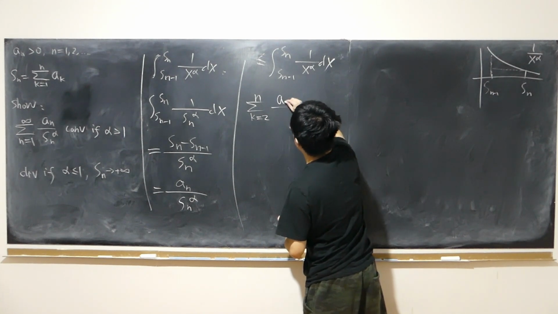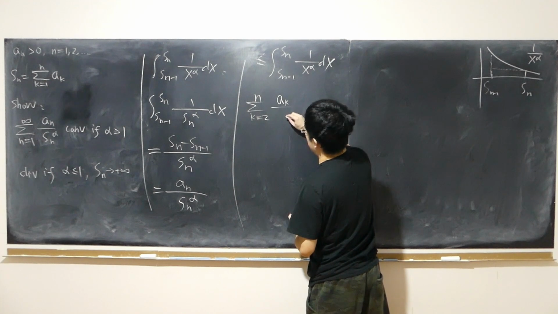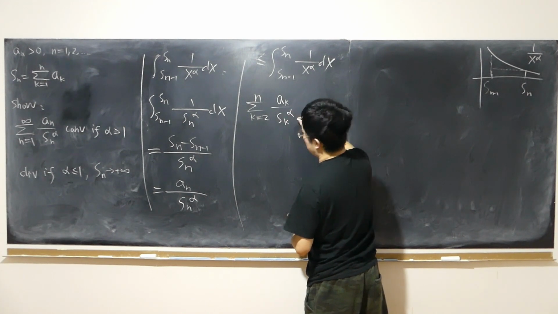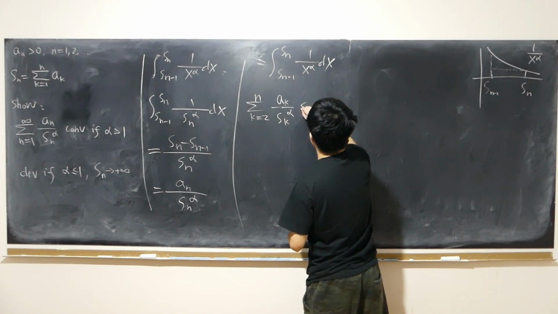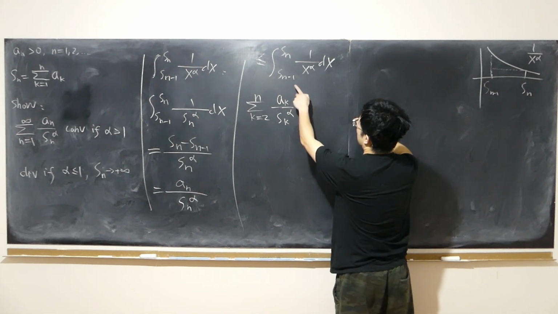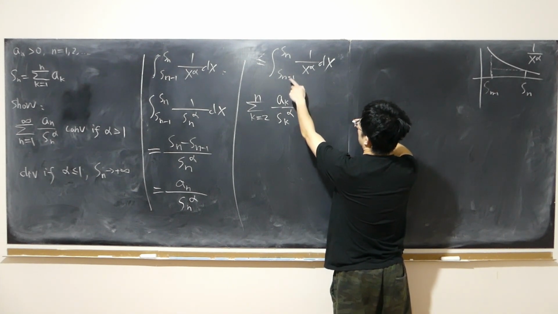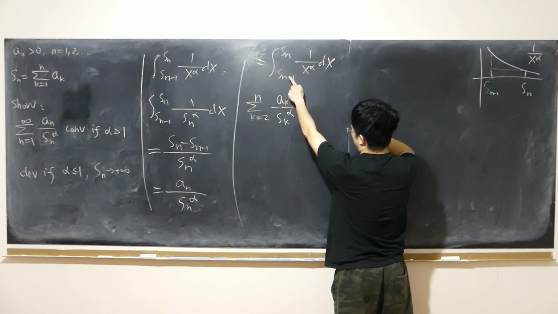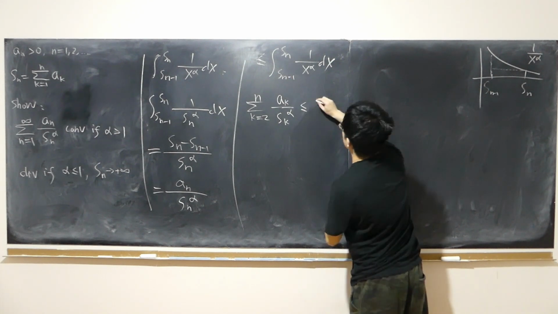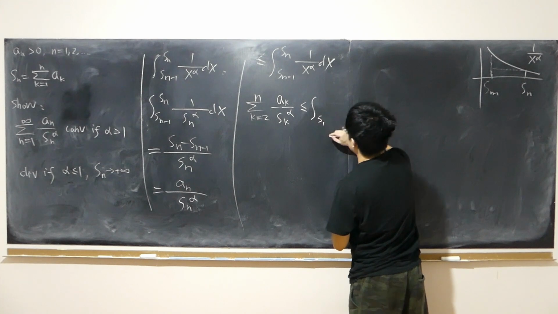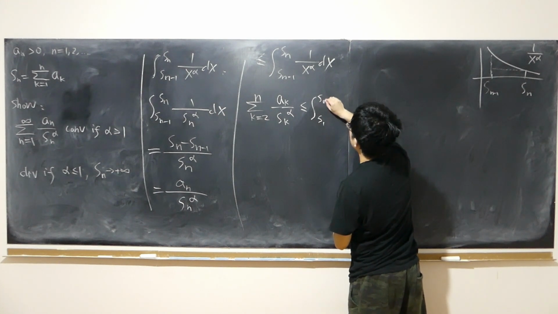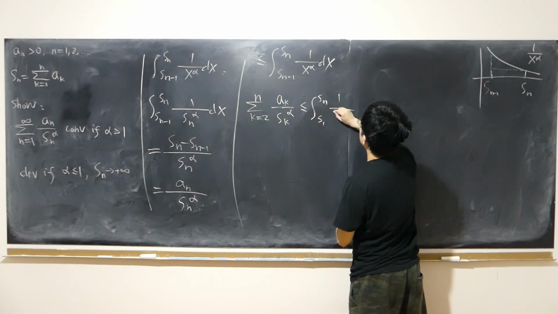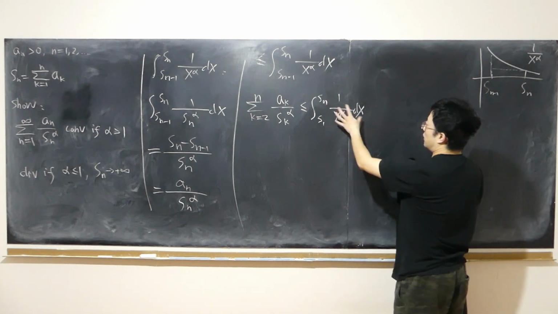The sum of ak over sk to the power of alpha is less than or equal to the sum of the integrals, for example from S1 up to S2, S2 up to S3. So in the end, we have S1 all the way up to Sn of 1 over x to alpha dx. And so this should be easier to calculate.